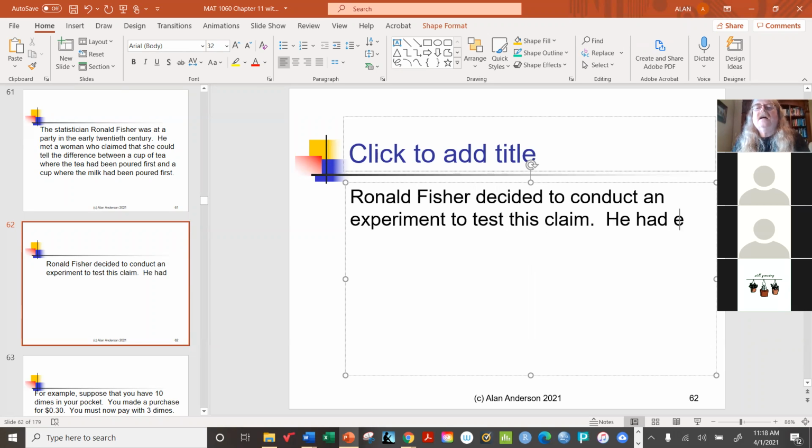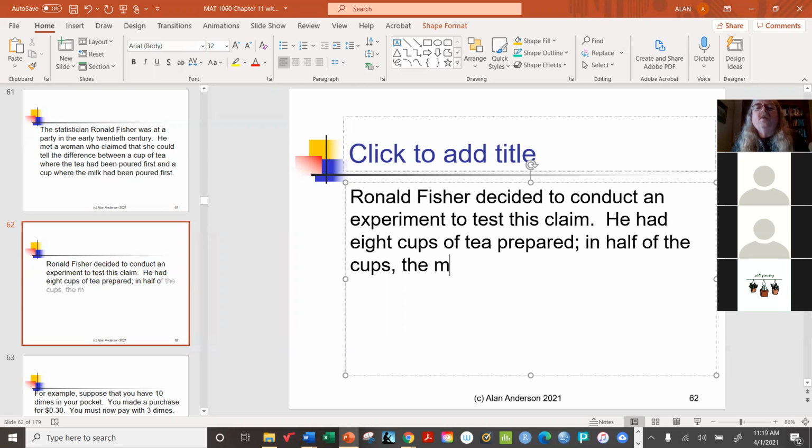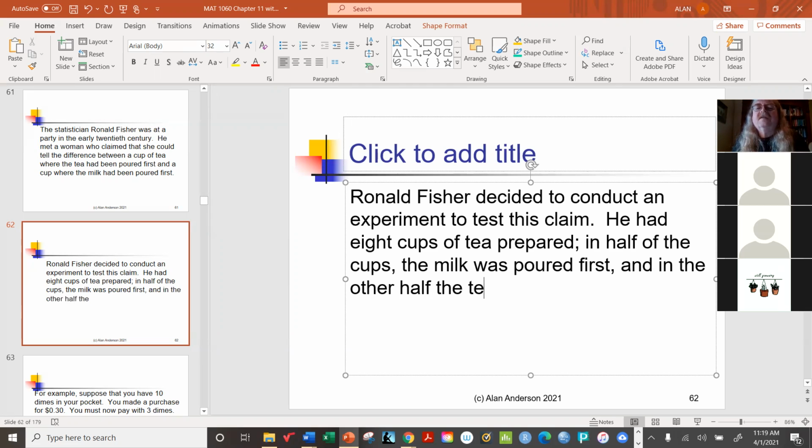He had 8 cups of tea prepared. Now, of course, this is without the lady being in the room while this is going on. In half of the cases, half of the cups, the milk was poured first. And in the other half, of course, the tea was poured first.